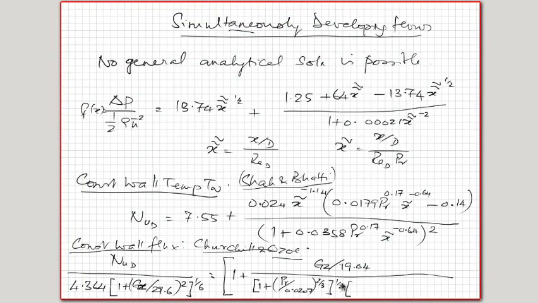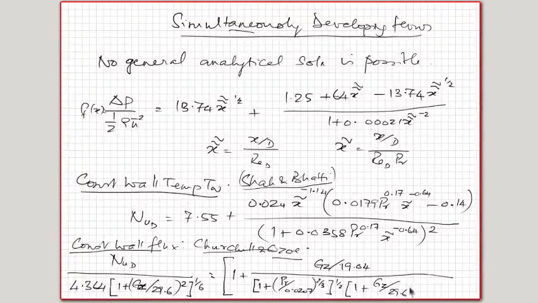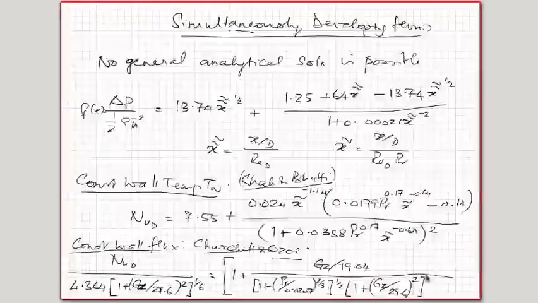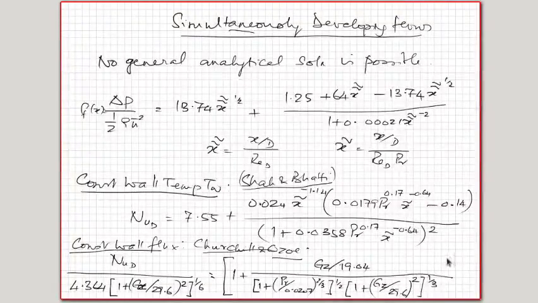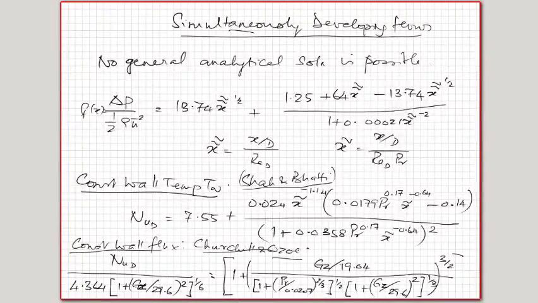Another bracket opens: 1 plus Graetz divided by 29.6, the whole thing to the power of 2, the whole thing raised to 1 by 3. This whole thing is in a bracket, raised to 3 by 2, and this whole square bracket is raised to 1 by 3.